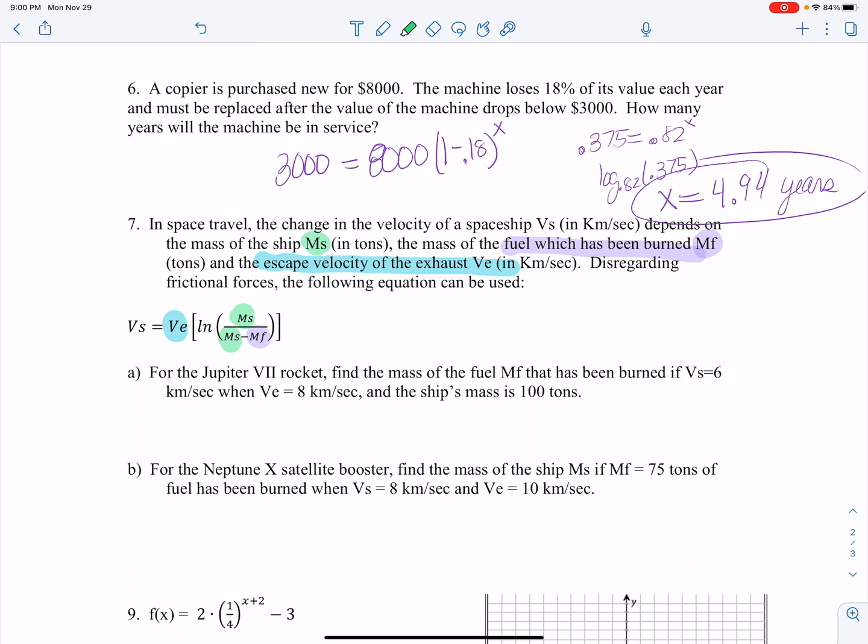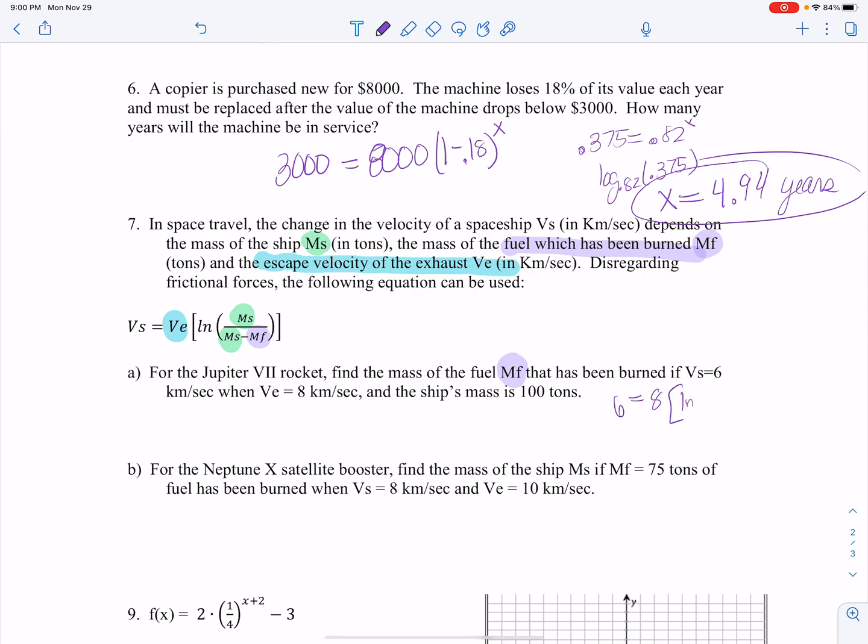For Jupiter, find the mass of fuel MF. So that means, it says find the mass of fuel MF, and it's giving me everything else. So it's giving me V sub s is 6, V sub E is 8.